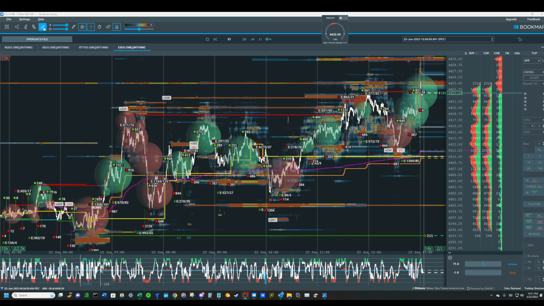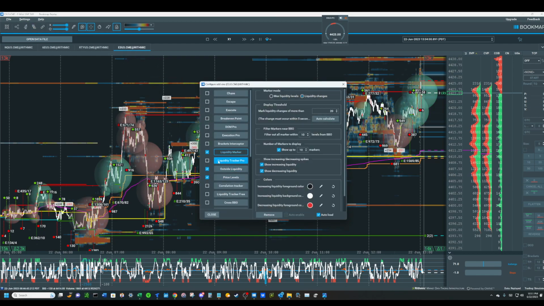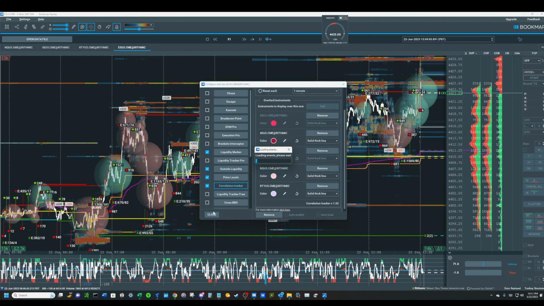And that's not showing correlation tracker. What is up with that? Okay, I'll give that a second, bring up correlation tracker.